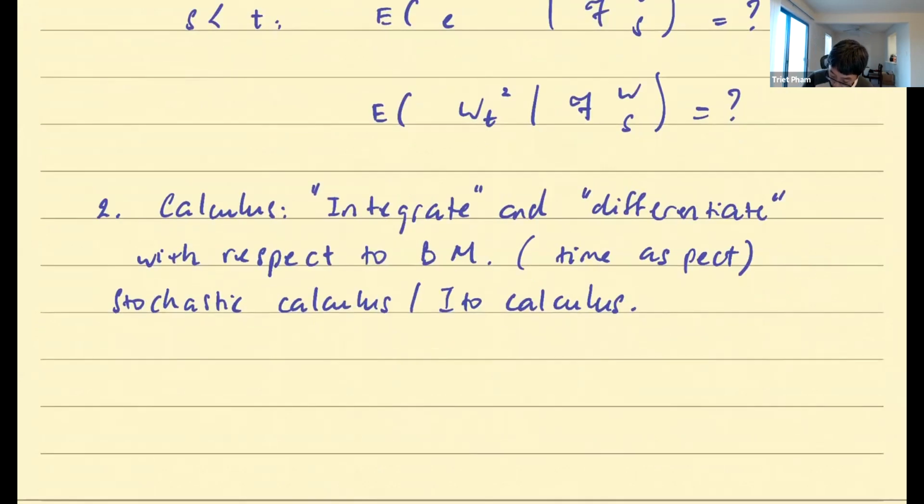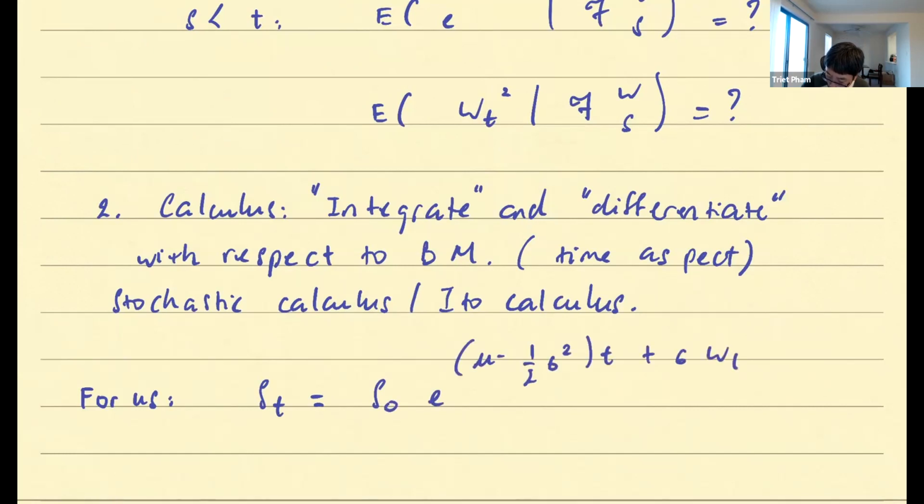The key for us is to be able to understand something like this. Remember, I said that the stock price in the Black-Scholes model will be something like this. This is the physical model, not the risk neutral one.